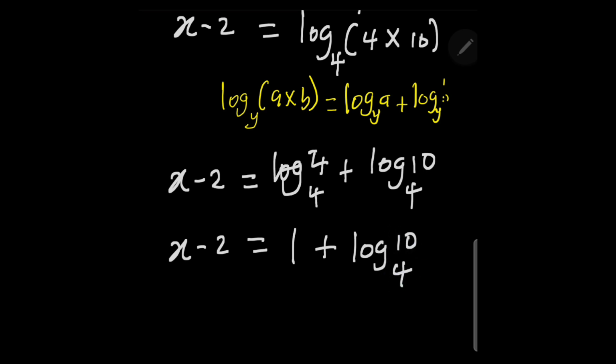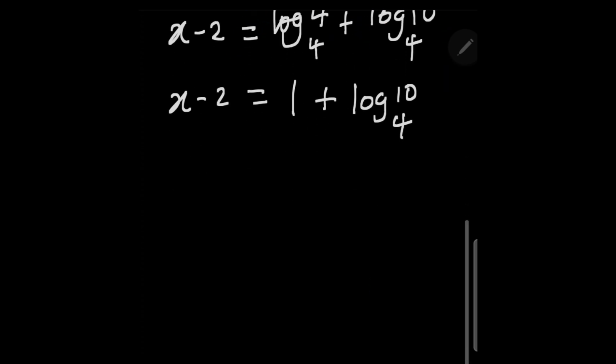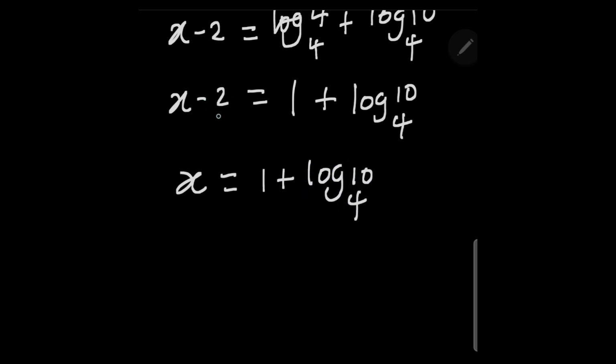Remember, we're looking for the value of x. So we're going to take this constant that is attached to x on the left hand side to the right hand side of the equation. When we do that, we're going to have x equal to 1 plus log of 10 to the base of 4. And when this negative 2 crosses an equality sign, it becomes positive 2.